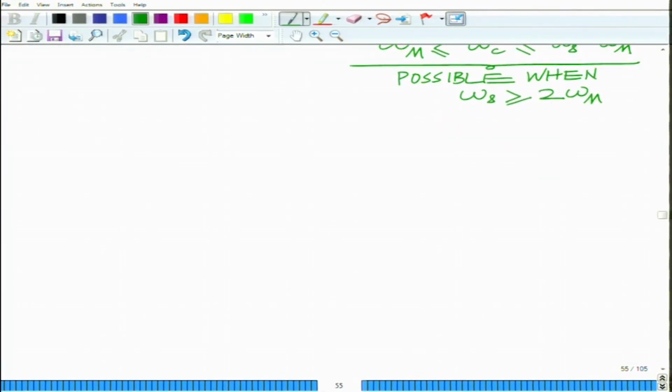So, basically we want to pass the sampled signal through the ideal low pass filter.